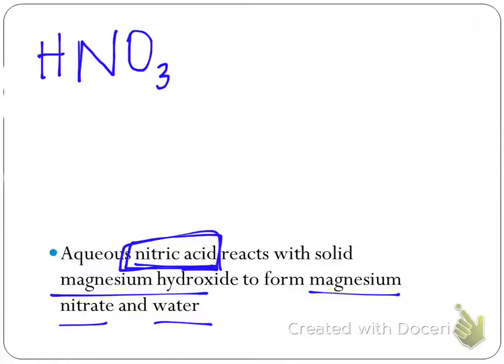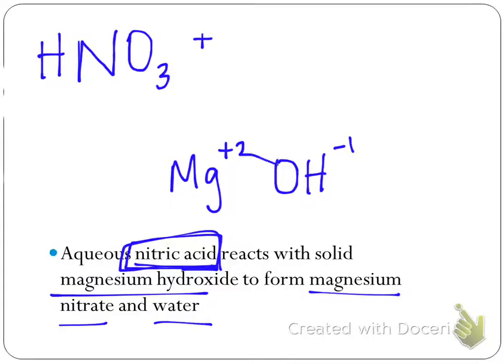Okay. So nitric acid reacts with magnesium hydroxide. So let's think about this. Magnesium is a +2 charge. Hydroxide is OH. What's the charge? Good, very good, -1.